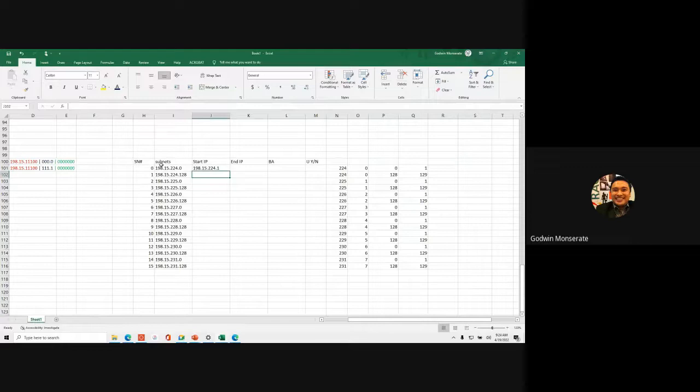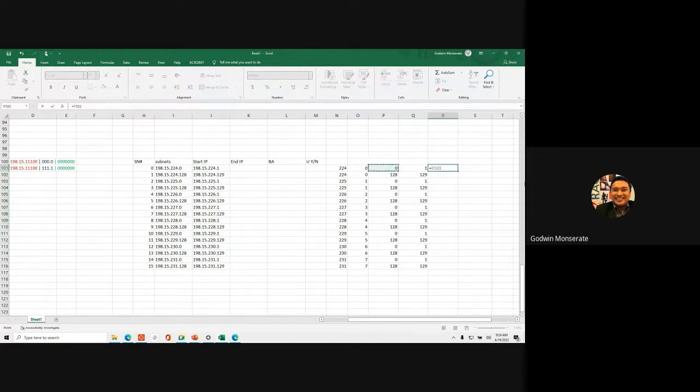There you are. 224.1, this one is 129. Good to go. Then equals this plus 126. Copy. There you are. 254 is the end IP.